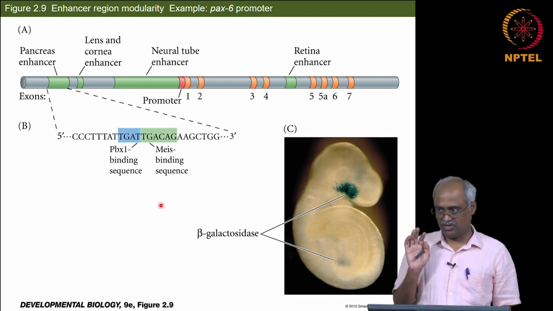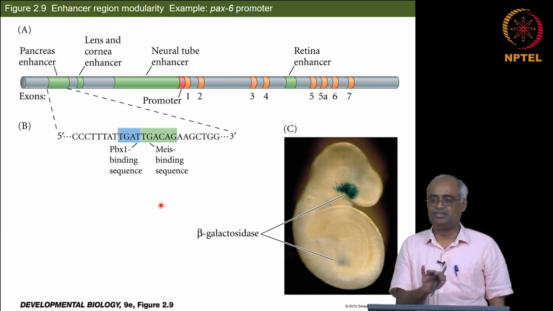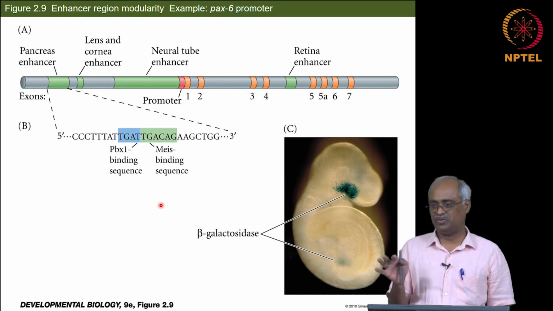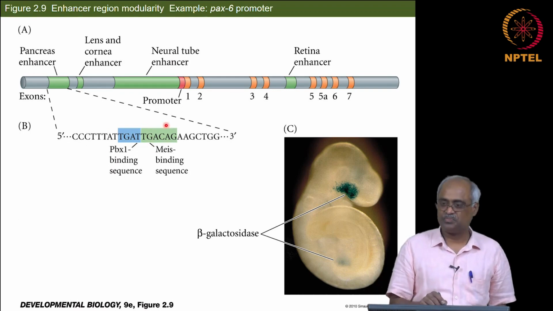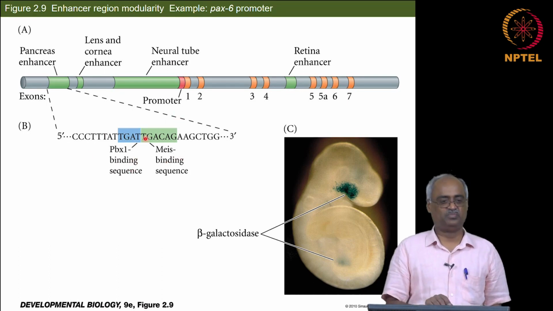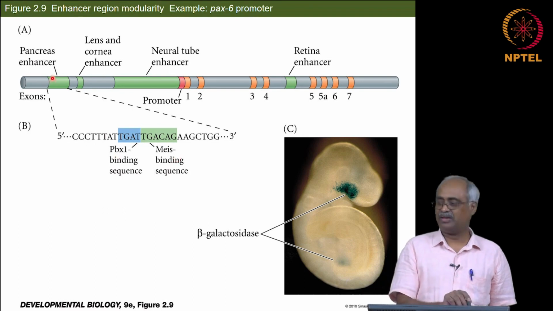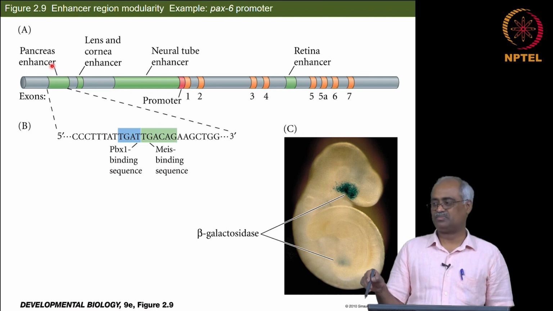So this is modularity. Now we are going to look at another concept of enhancer function, which is combinatorial function. So that is there a little bit in this sequence, where what you are finding is that to one particular module a combination of transcription factors bind, and only when these two transcription factors are binding to this pancreatic module will PAC6 be expressed in pancreas.